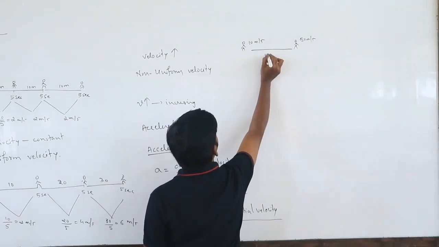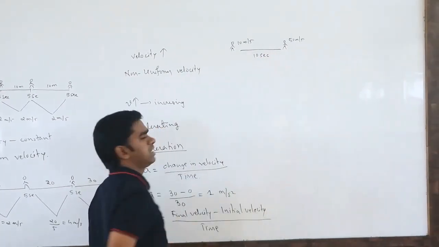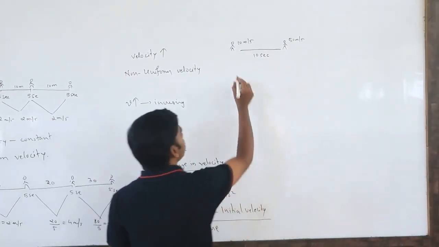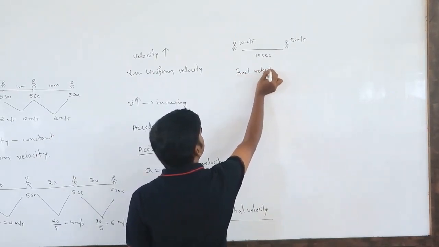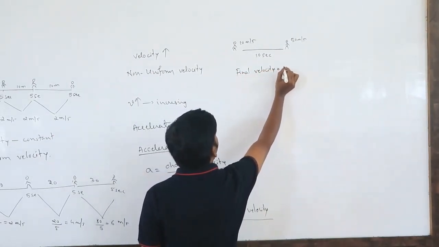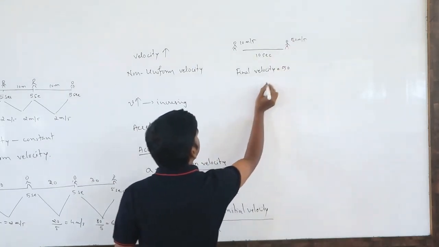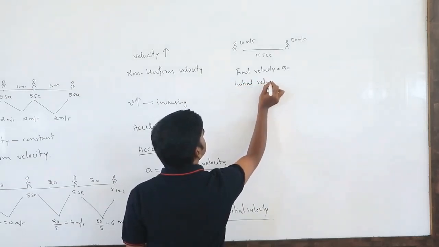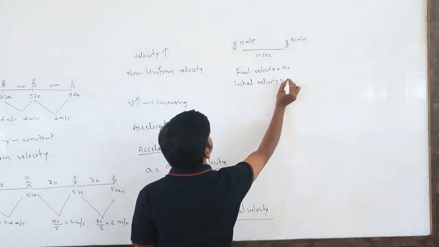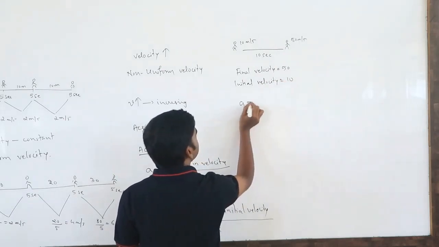So time taken is what? Time taken is 10 seconds. Okay, so what is your final velocity? Final velocity is say 50. Okay, so then what is initial velocity? Initial velocity is say 10. So acceleration is what?